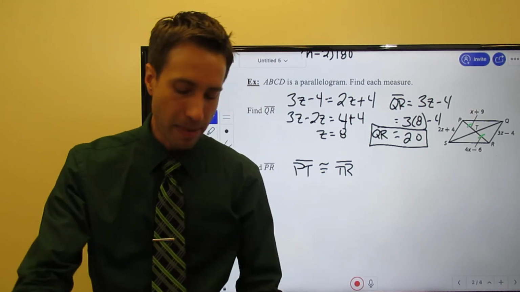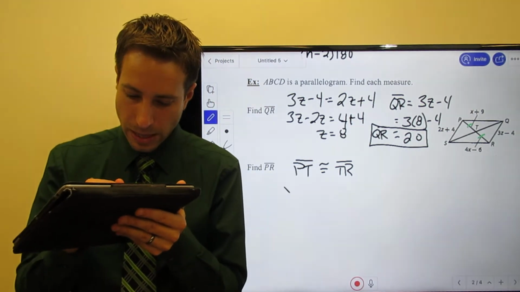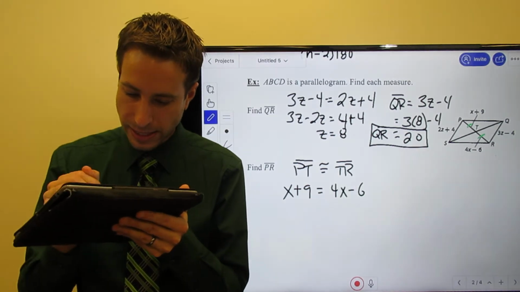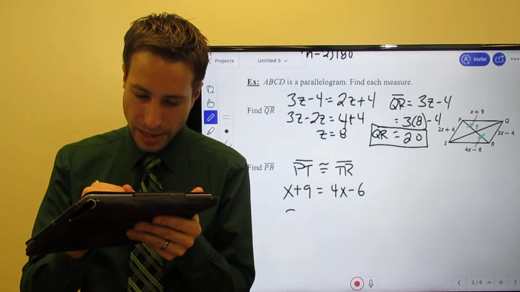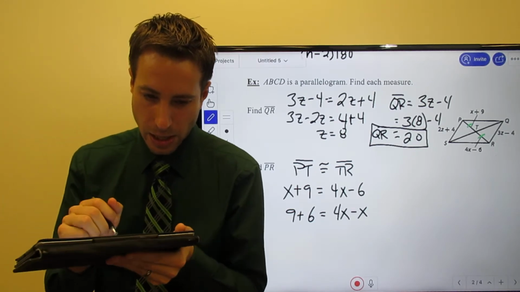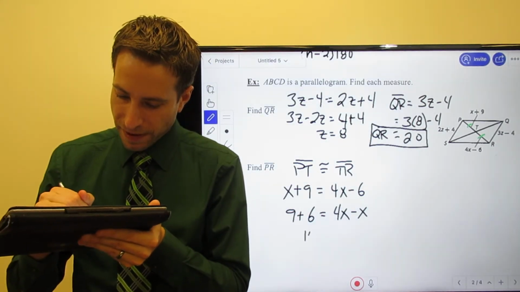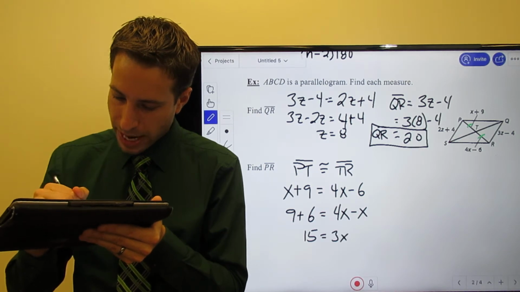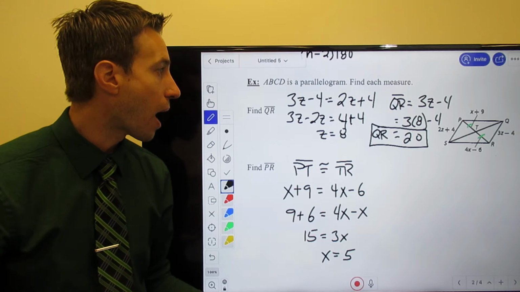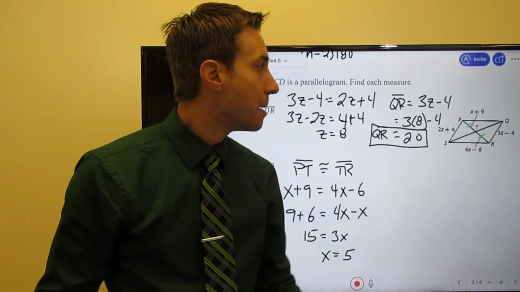Well, I know something about each of those. x plus 9 is equal to 4x minus 6. And here we go. 9 plus 6 is equal to 4x minus x, which means I wind up with 15 is equal to 3x. x is going to be equal to 5. Okay, great. Now I need to find the entire length PR.